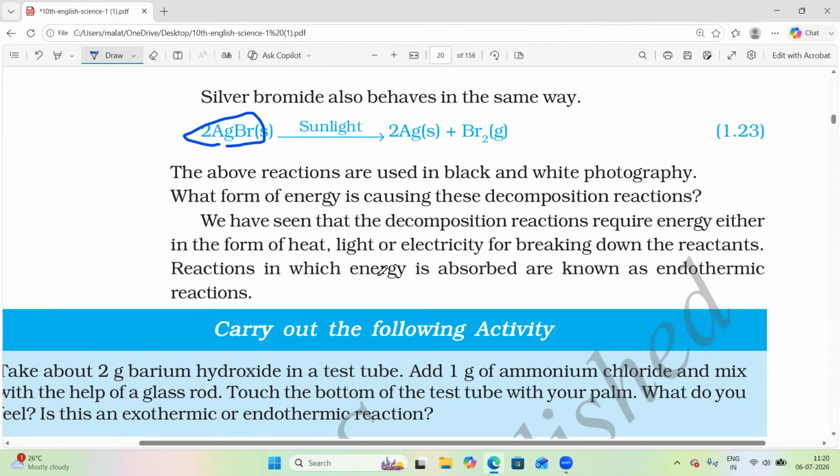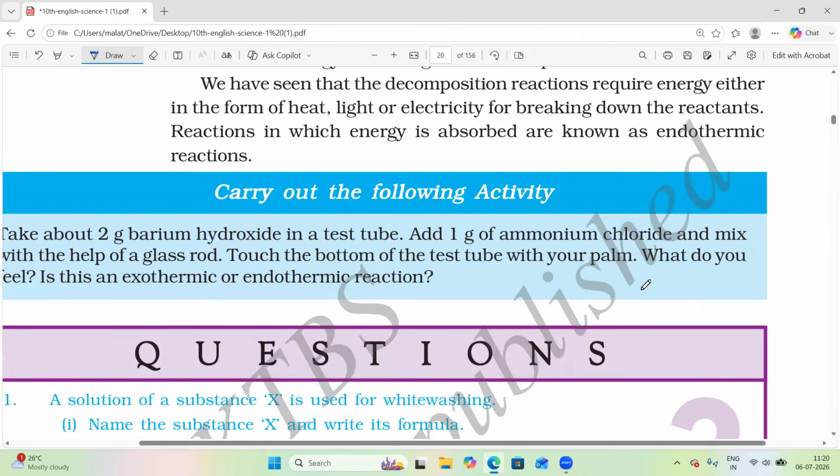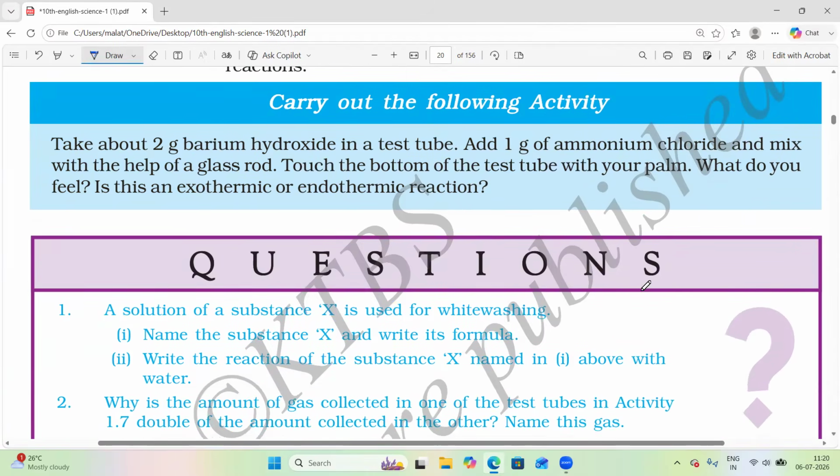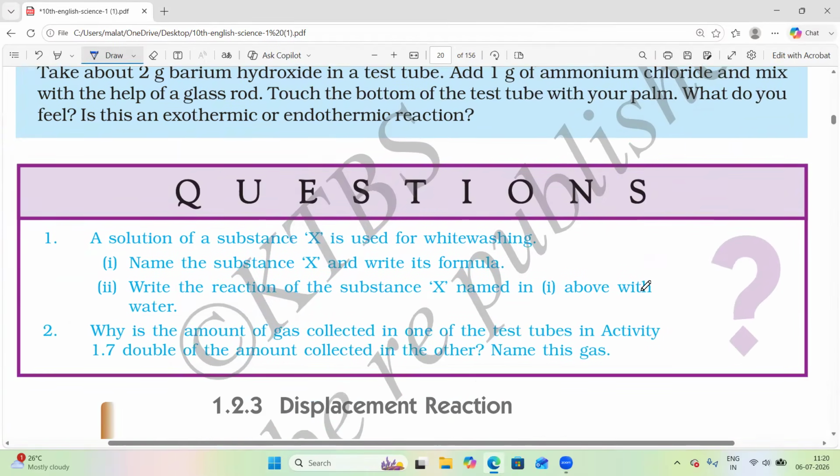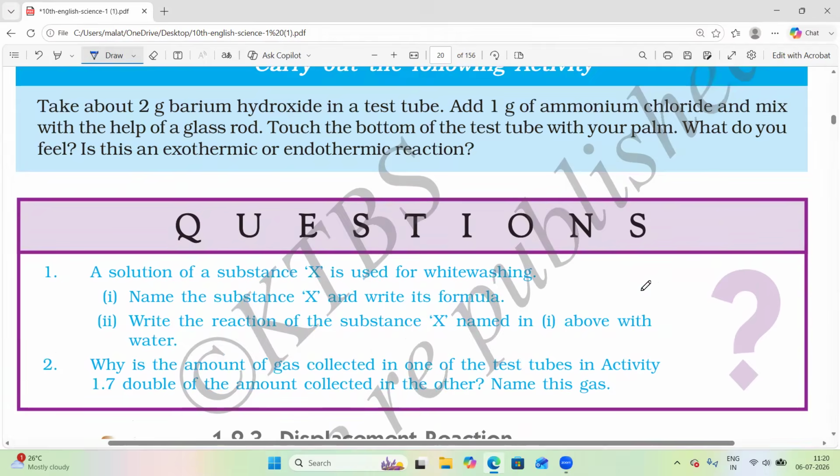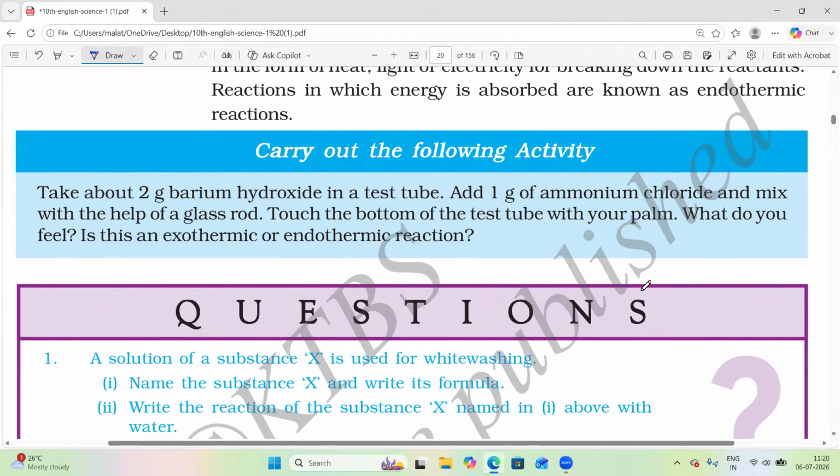These reactions in which energy is absorbed, taking energy to break down the molecule, are called endothermic.